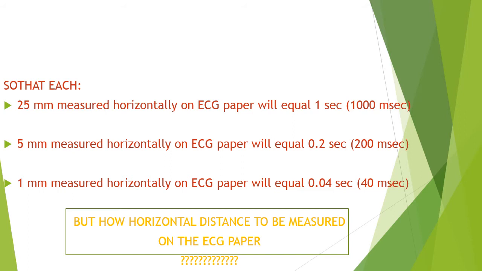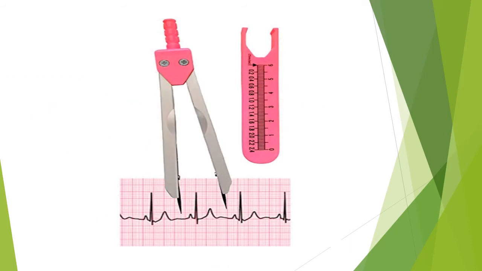But how is horizontal distance measured on the ECG paper? Previously, in the old days, ECG paper was not pre-calibrated as it is today, and the cardiologist had to use a ruler for measuring the distance on the recorded ECG, and then transform this measured distance into time.